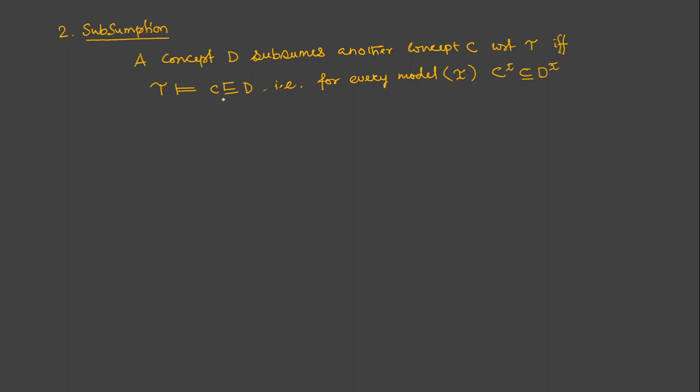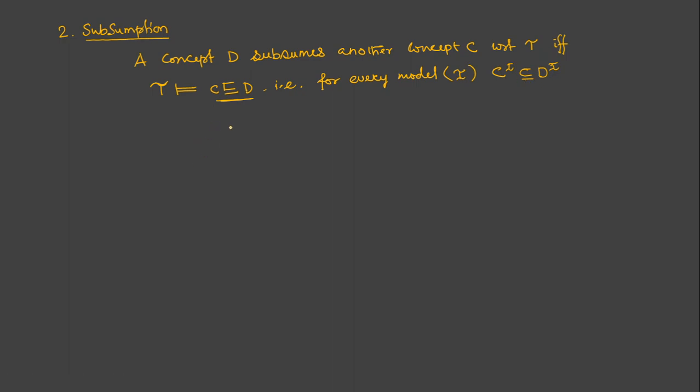So you see, this particular thing, C subclass of D, was not included earlier in the T box. This is what we are getting as a semantic consequence of the T box T. And when will that happen? For every interpretation that is a model of this T box T, the interpretation of C, which is a set, is always a subset of the interpretation set of D, right?